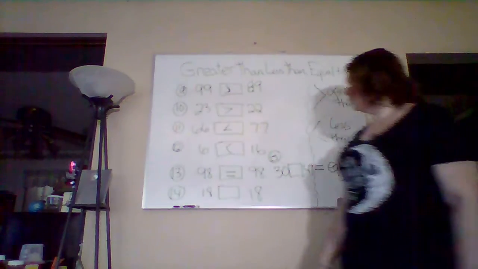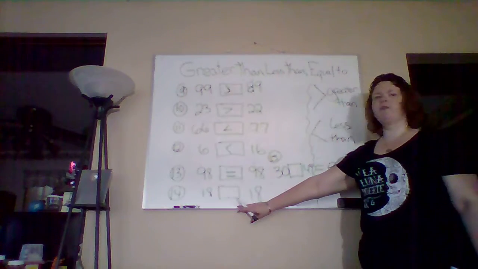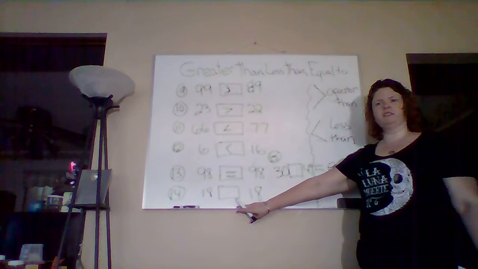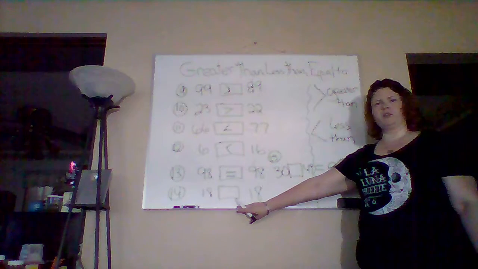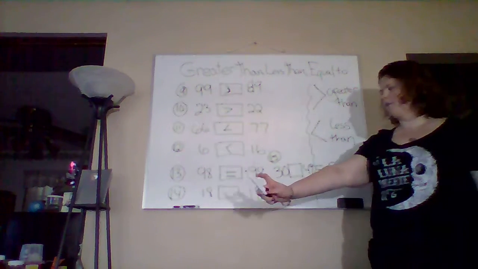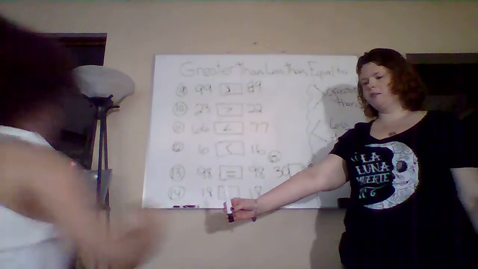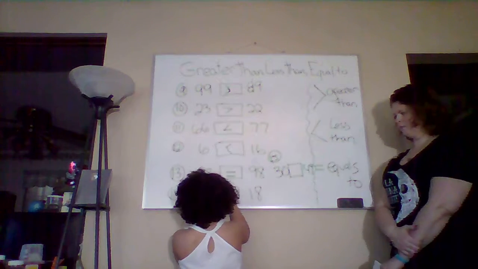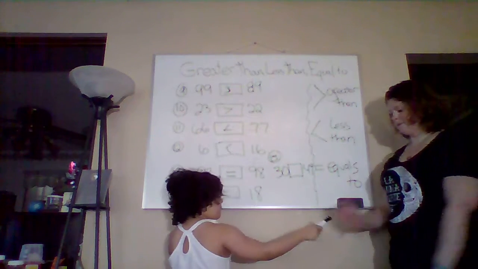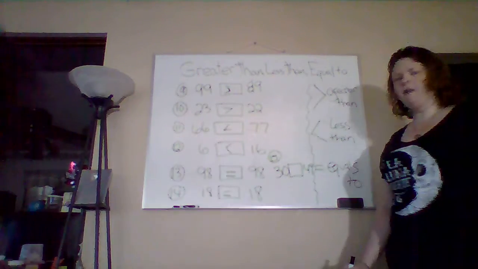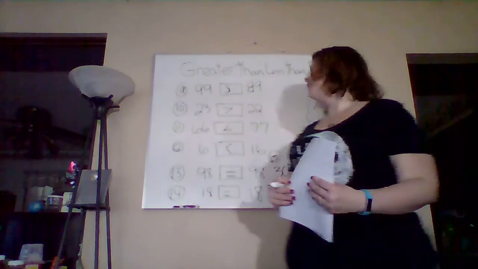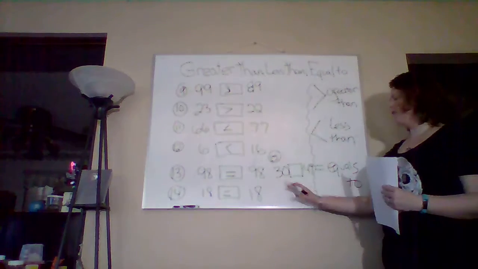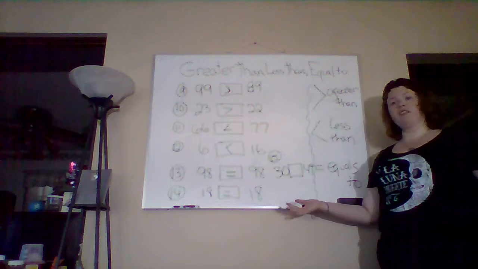All right, we only have a couple more to answer. How about number 14? Desiree, why don't you come up and try to answer number 14 for me, please? Thank you. Good job. And the last problem here, number 15. Let's do it together, class.